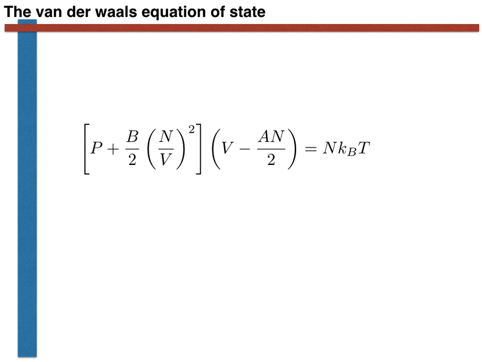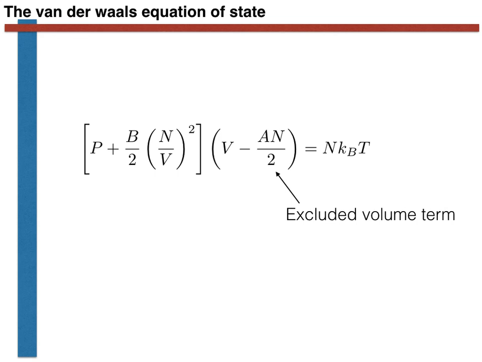When we look at the equation in this way, the meanings of the parameters A and B become clearer. The A term is related to the volume of a single atom. By including the AN over 2 term, we thus ensure that the volume that each of the atoms can move about in is smaller than the total volume of the space. Each atom moves around in a reduced space because the two atoms cannot interact.